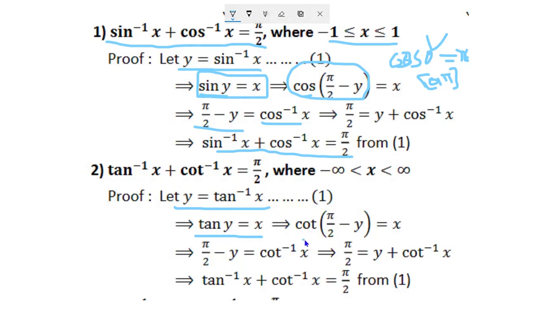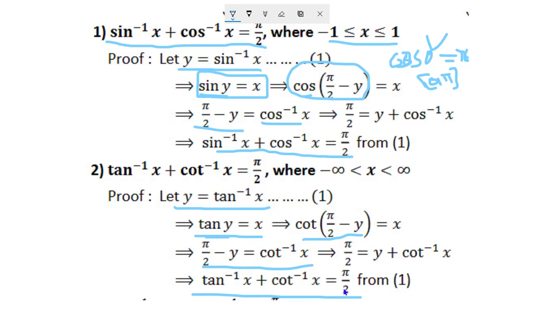This cot of pi by 2 minus y is equal to tan y, and therefore pi by 2 minus y is equal to cot inverse x, and y we can bring to the right hand side. Pi by 2 is equal to y plus cot inverse x, and what is y? Tan inverse x. Therefore you will have tan inverse x plus cot inverse x equal to pi by 2.